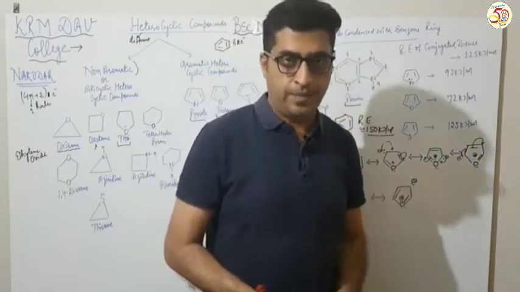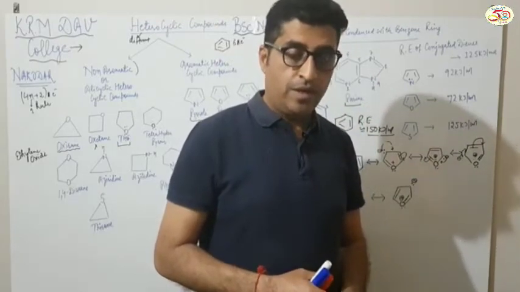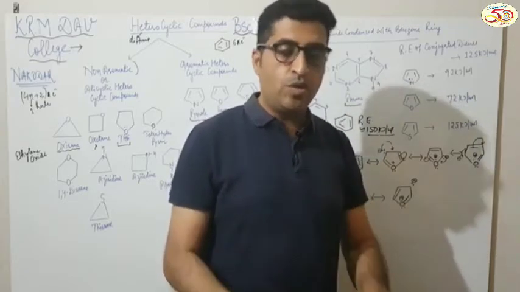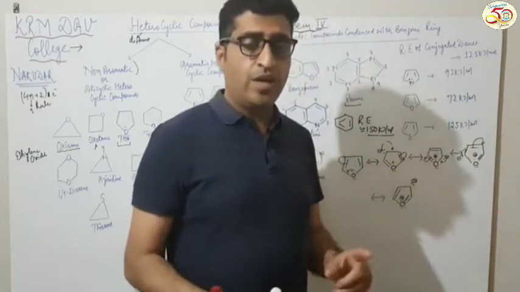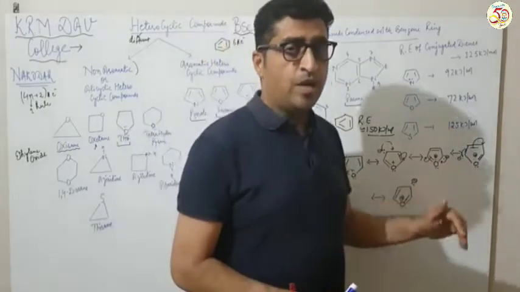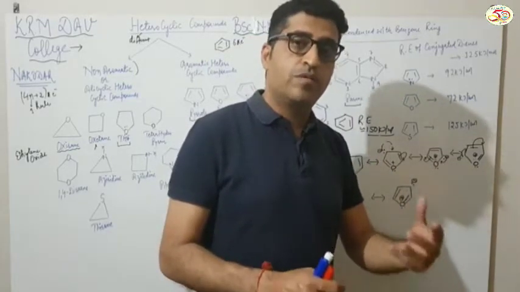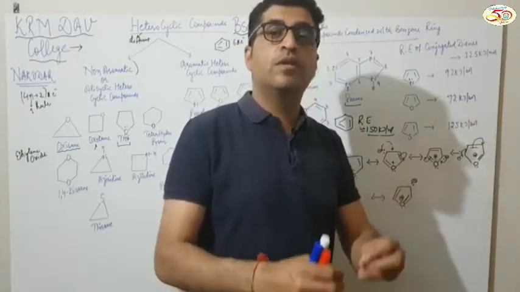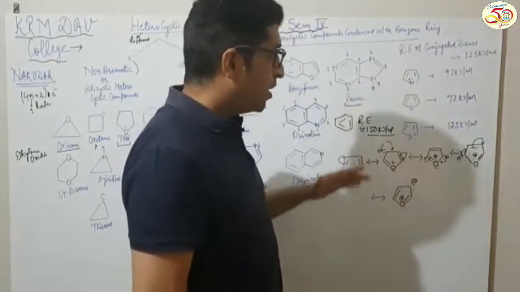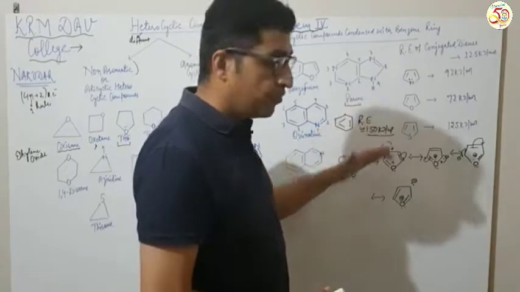But in pyrrole and furan, nitrogen and oxygen belong to the second period, so no d orbital is there. So we will get only 5 resonating structures in pyrrole and furan, but more than 5 in thiophene because of the participation of sulfur. So I hope you are able to draw the resonating structures of pyrrole, furan and thiophene.